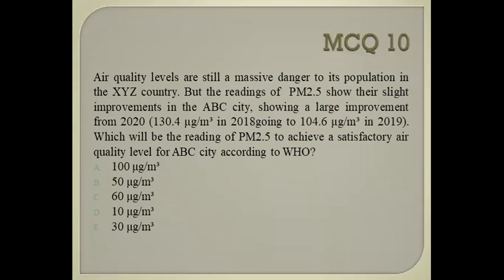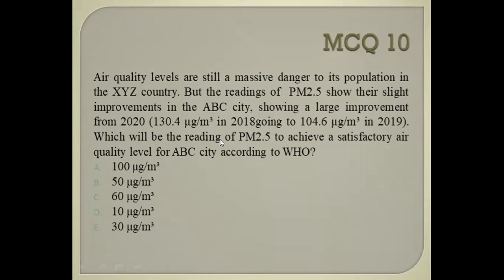MCQ 10. Air quality levels are still a massive danger to the population in XYZ country, but the readings of particulate matter 2.5 show slight improvement in the ABC city, showing a large improvement from 2020. For example, 130.4 microgram in 2018 going to 104 in 2019.